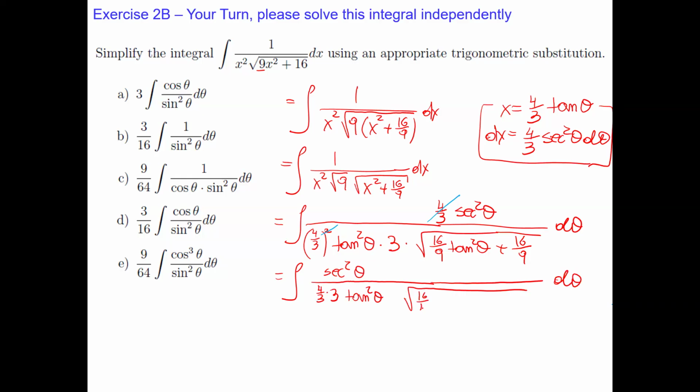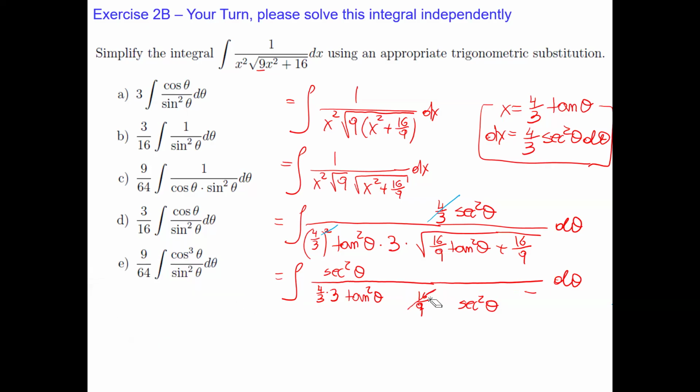We may factor out, and then we will have tangent squared theta plus 1. Tangent squared theta plus 1 is secant squared theta. Now square root of 16/9 is 4/3, and square root of secant squared theta is just secant theta.